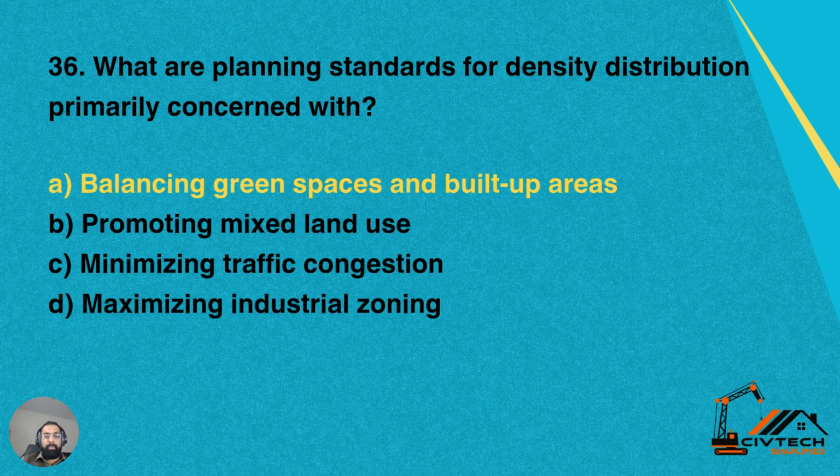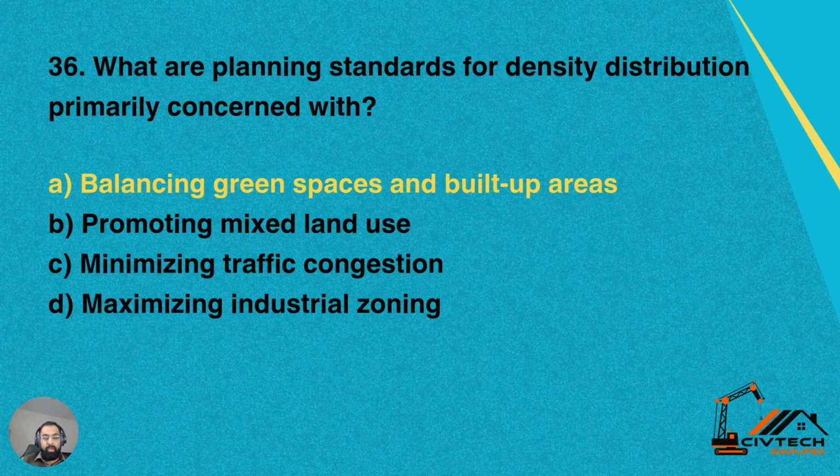Next is 36. What are planning standards for density distribution primarily concerned with? A, balancing green space and built up areas; B, promoting mixed land use; C, minimizing traffic congestion; D, maximizing industrial zoning. Whenever the word density comes, it refers to the population.